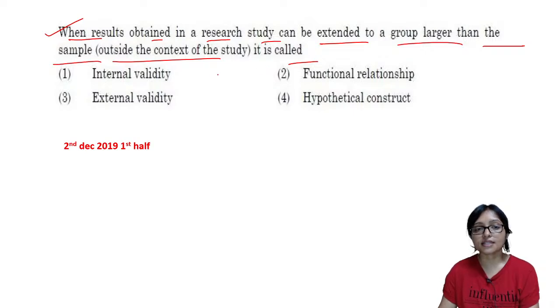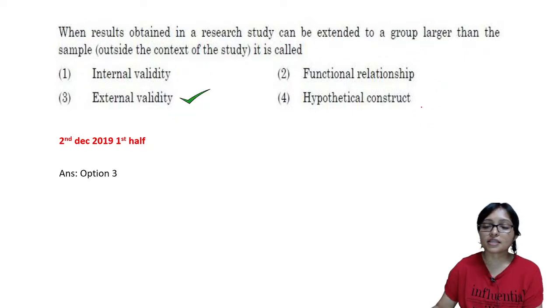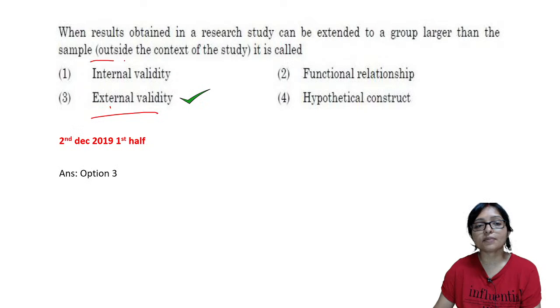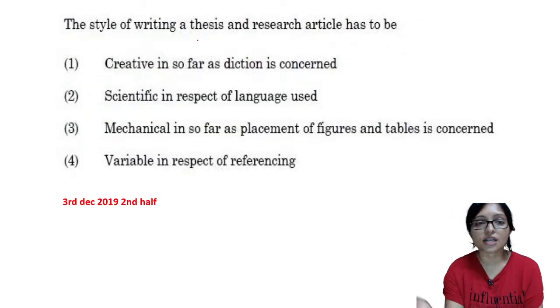What will be the answer? Is it internal validity, functional relationship, external validity, or hypothetical construct? Yes, the answer is external validity, because ultimately outside the context of the study, that is definitely external.